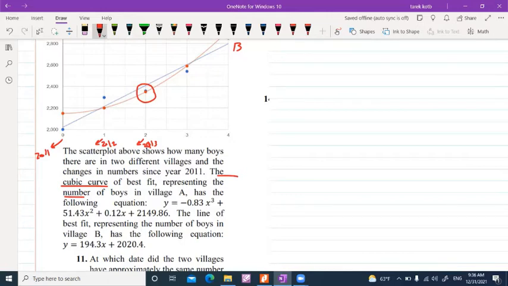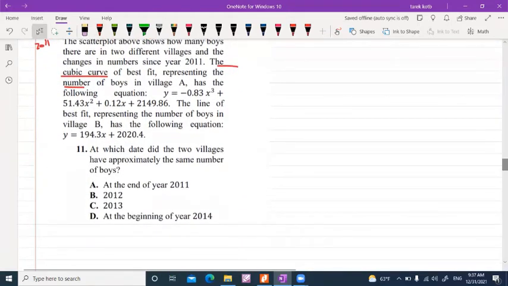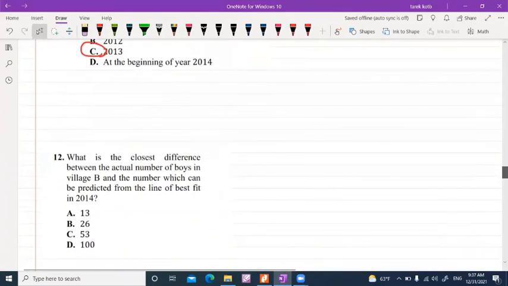Because it's red, it is from the village A, and because it's blue, it is also representing village B. This is in 2013. So in the year 2013, the number of boys in the two villages are the same.